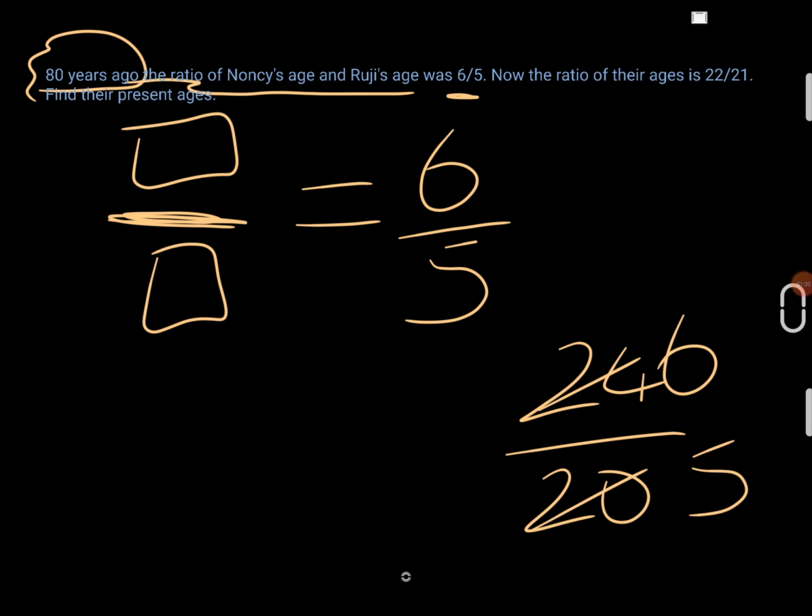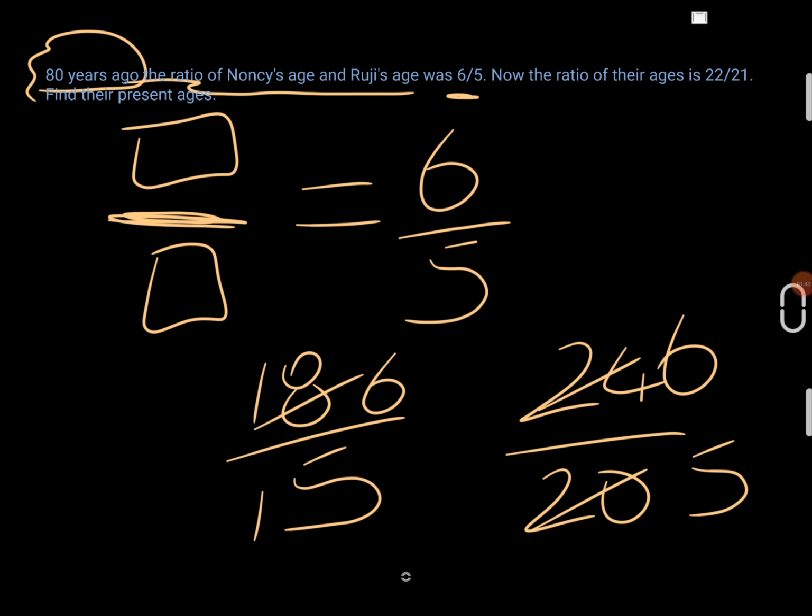Again, consider 18/15. In this case, 3 into 6 is 18, and 3 into 5 is 15. So it could be anything, and if you simplify it, you might get 6/5. So it's not necessary that the ages are 6 and 5. We don't know.